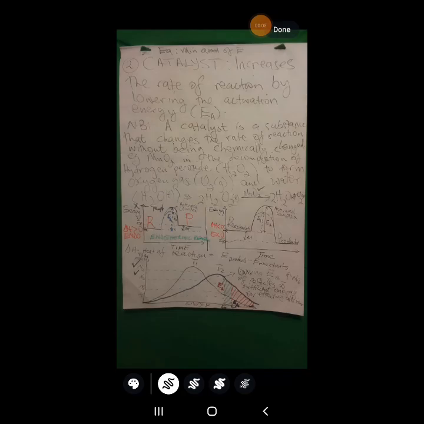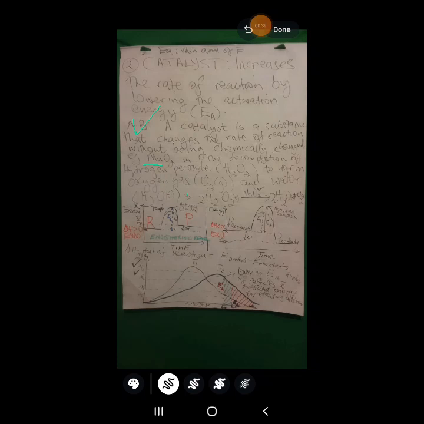Okay, now let's look at the effect of adding a catalyst to the rate of reaction. Let's start by defining what is a catalyst. A catalyst is a substance that changes the rate of reaction without being chemically changed, e.g. manganese dioxide in the decomposition of hydrogen peroxide, H2O2, to form oxygen gas, O2 gas, and water, H2O liquid.